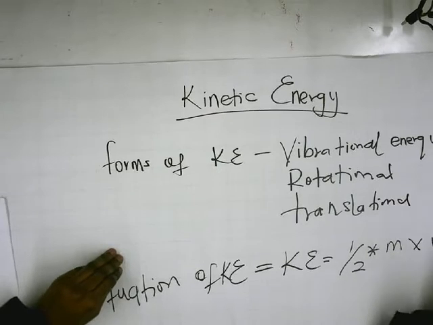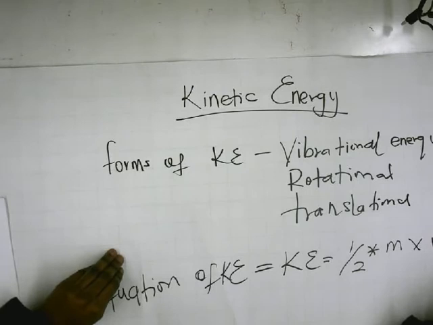This equation reveals that the kinetic energy of an object is directly proportional to the square of its speed. That means that for a twofold increase in speed, the kinetic energy will increase by a factor of 4.